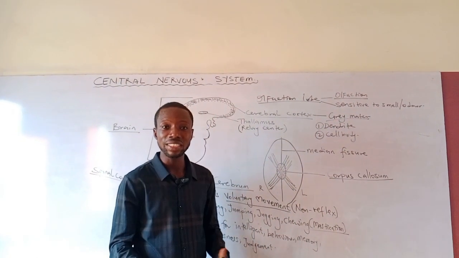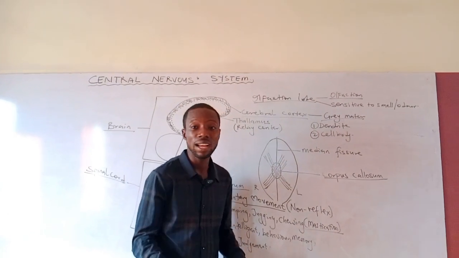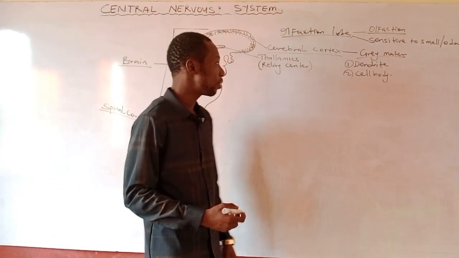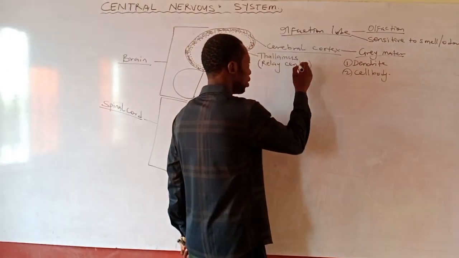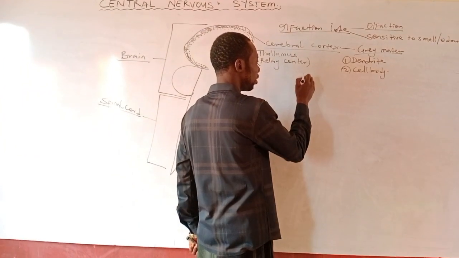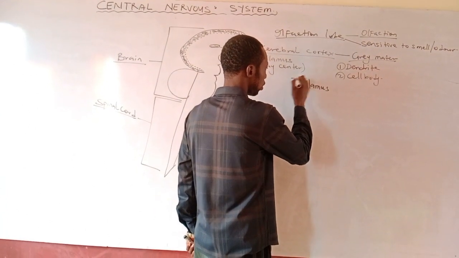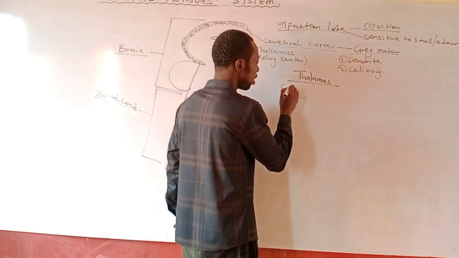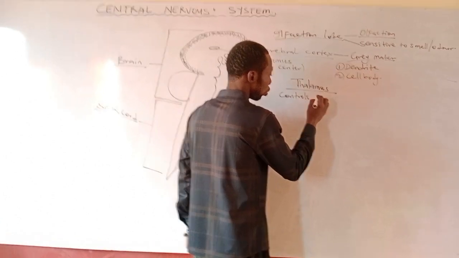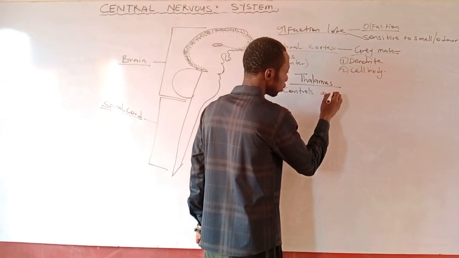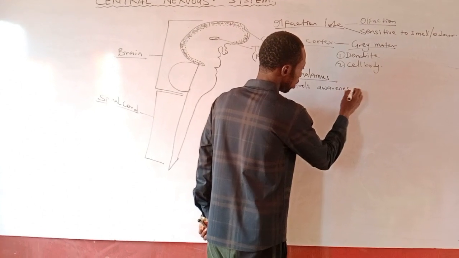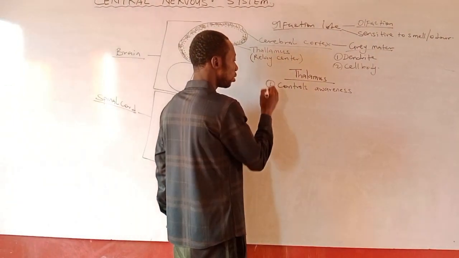Okay, so we have other functions of the thalamus. The thalamus controls awareness, that's number one.